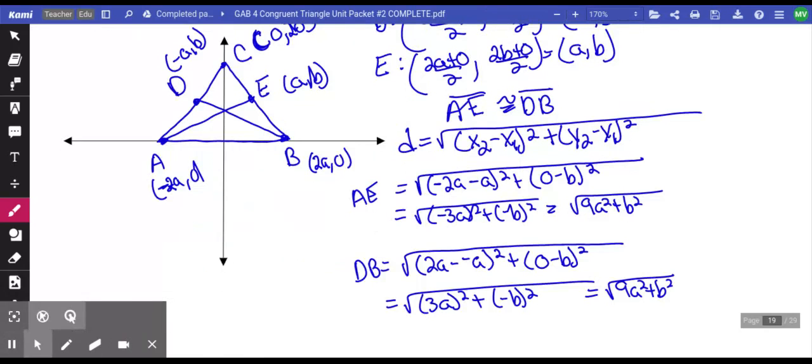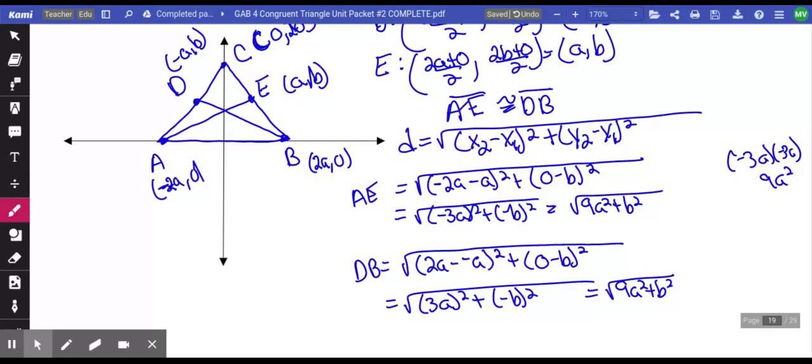Okay, so when we're doing the distance formula, we have to remember that negative 3a all in parentheses squared really means negative 3a times negative 3a, which gives me 9a squared. And then we need to remember that when there is a plus sign underneath the radical, we cannot take the square root of each.